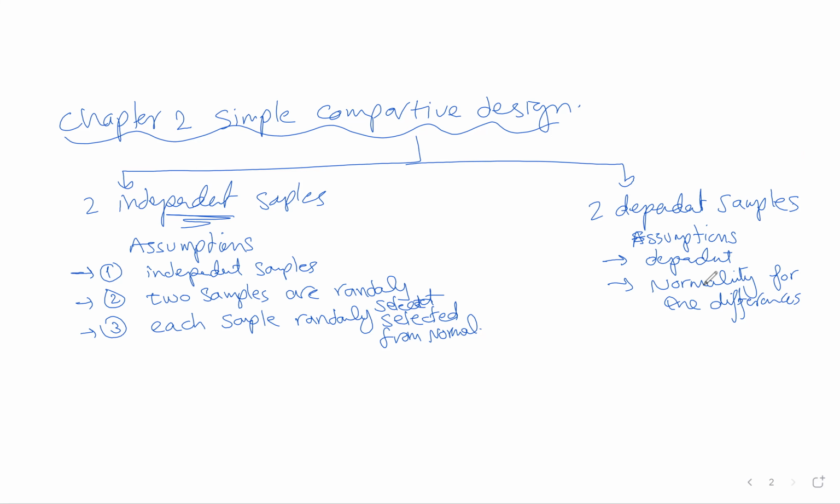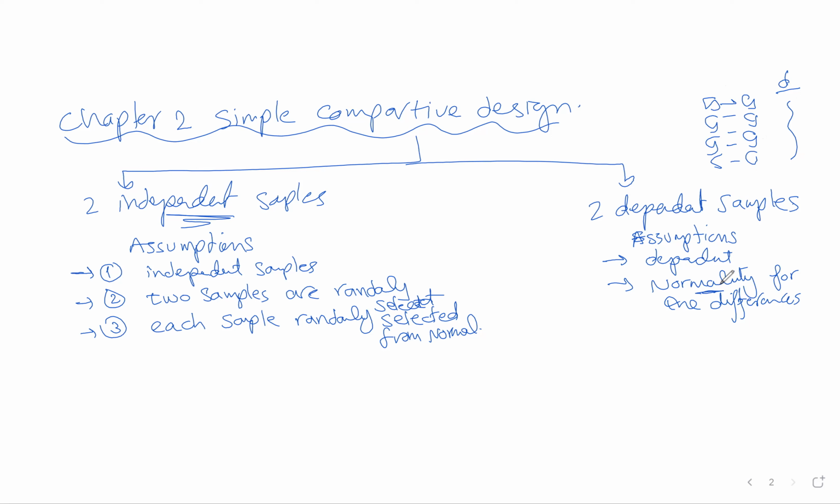Because in this case I have one sample measured twice, before and after, so we have two groups of data. We calculate the differences, first minus second, and these differences should follow a normal distribution. How do I check normality? You check it using the QQ plot or the Shapiro test.